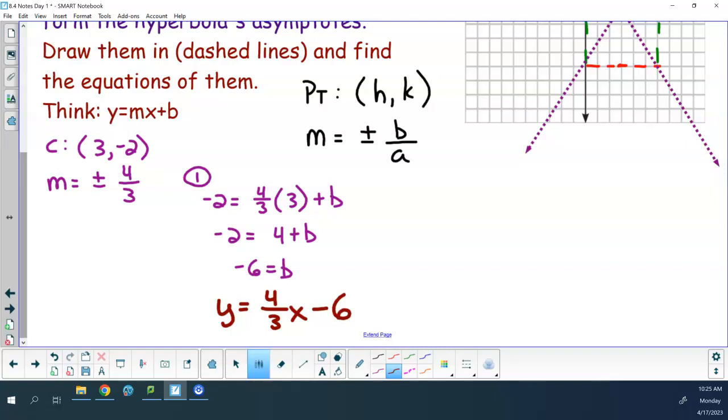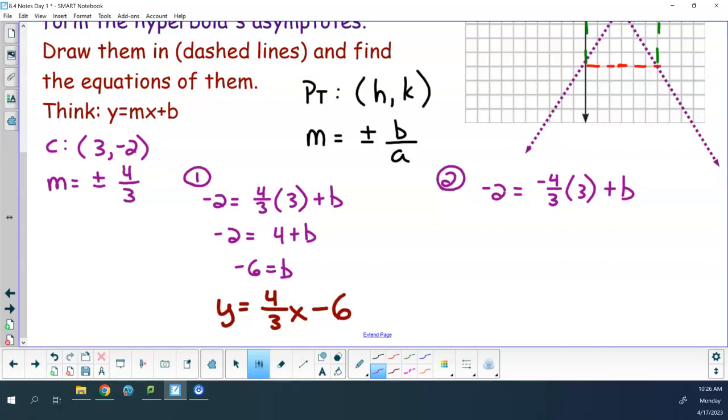Then I have to do it again, this time with negative 4/3 as my slope. I have to do two equations. I've got two different lines, so I have to do this process twice, once with the positive slope, once with the negative slope.